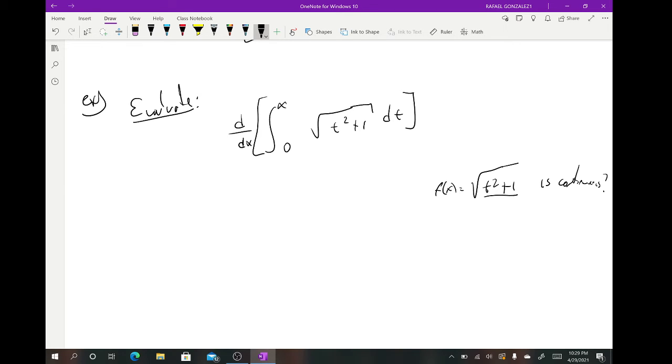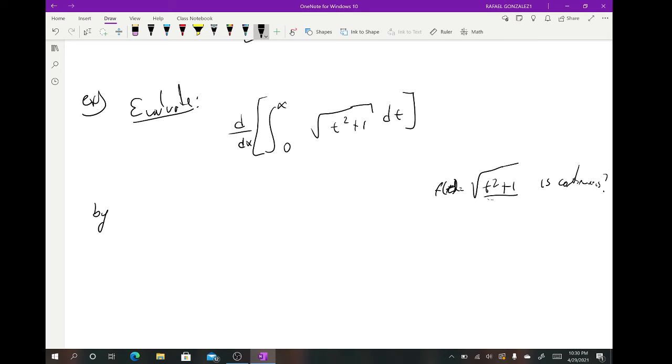But notice, we have a t squared in there, which means that any negative numbers that go in for t are going to come out as positive. Because t is being squared, if you put in a negative number like -2, then you're just going to get a positive number. So this is continuous on the whole number line. If you plug in 0, you get 1, so it works for every single number that you plug in. So this is a good sign. So that means that we can apply the theorem.